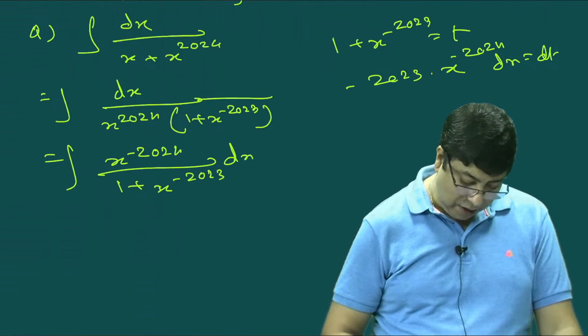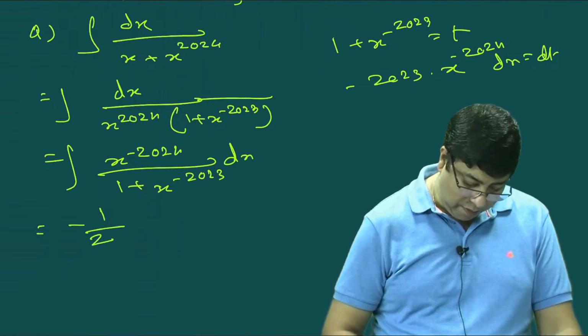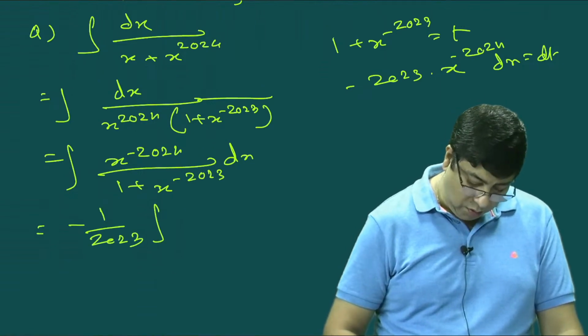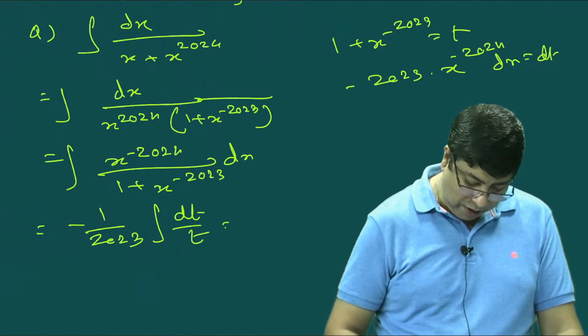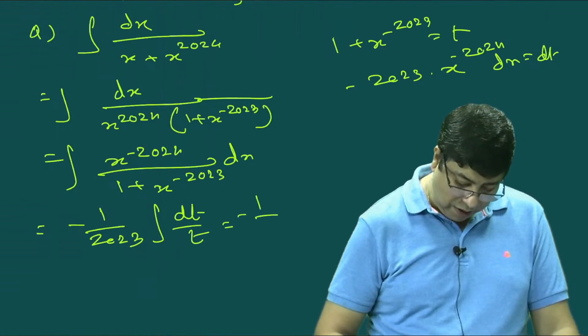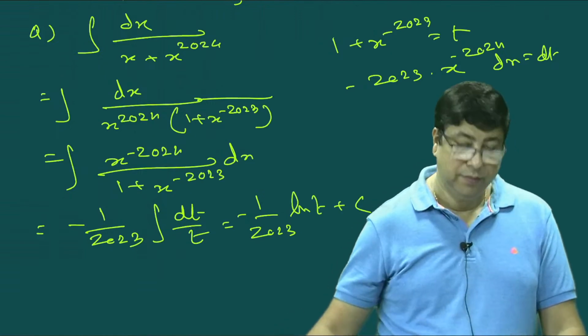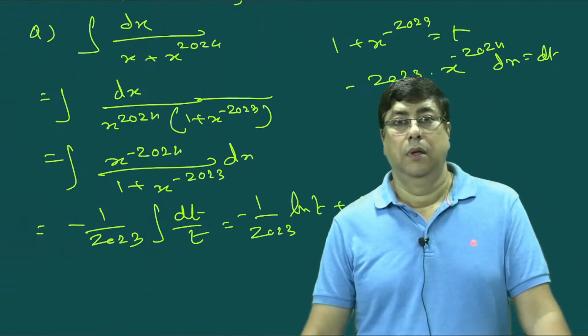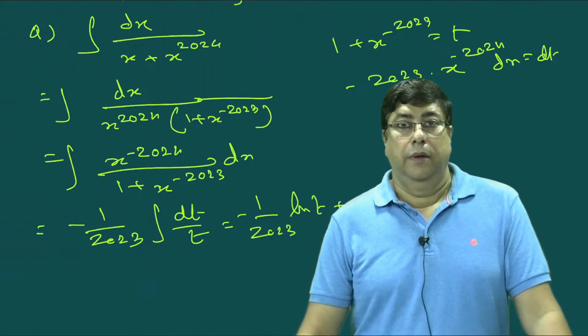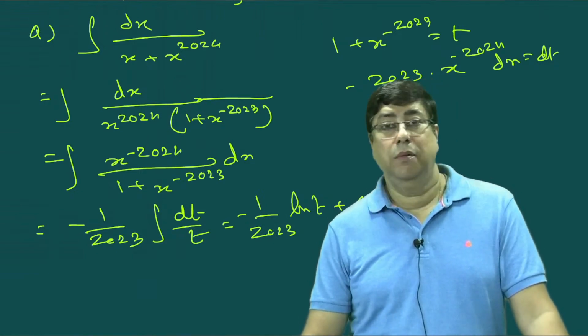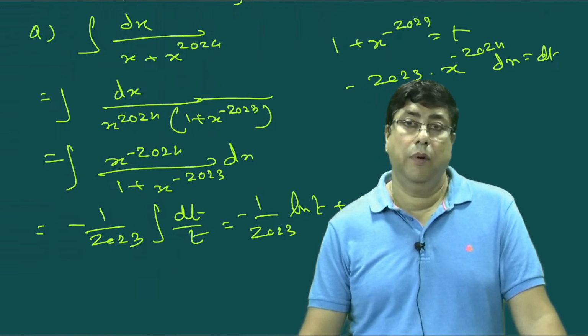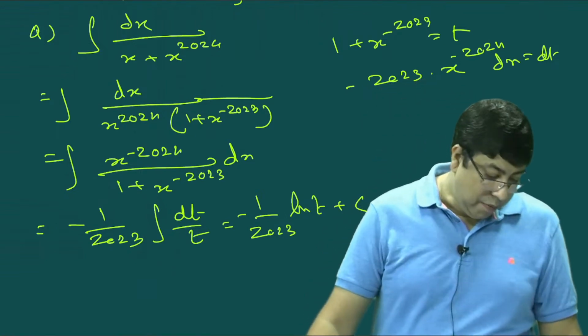So directly we are getting, everybody, minus 1 by 2023 into dt by t. That is coming as log t. So minus 1 by 2023 into log t, put the value of t here, plus c. In this way we have to solve. There are many integrals like this, and this integral part is very important for WBJEE type examinations.